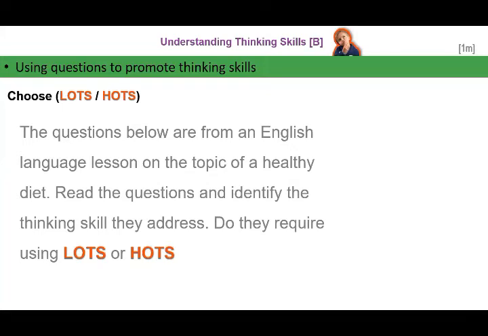The questions in the next slides are from an English language lesson on the topic of a healthy diet. Read the questions and identify the thinking skills they address. Do they require using lower order thinking skills or higher order thinking skills?